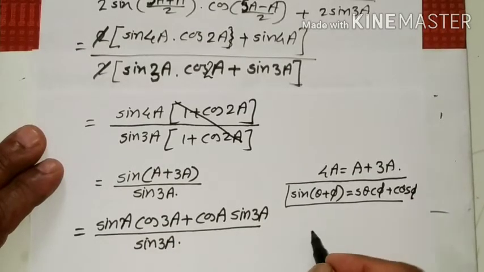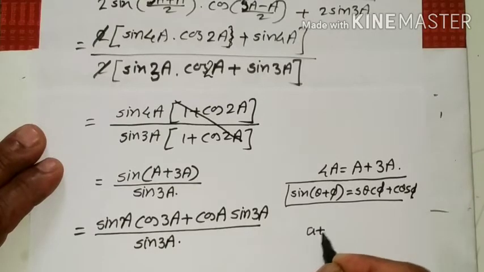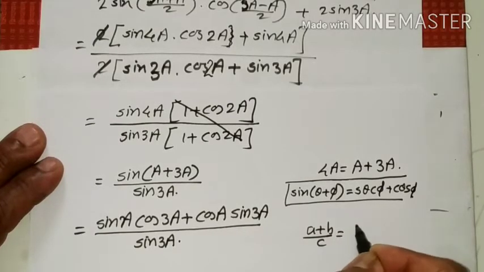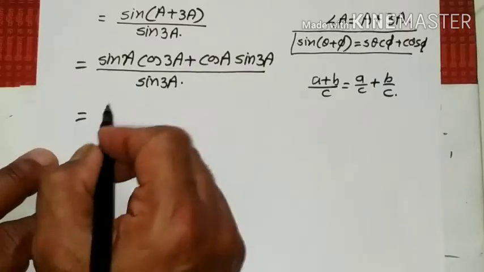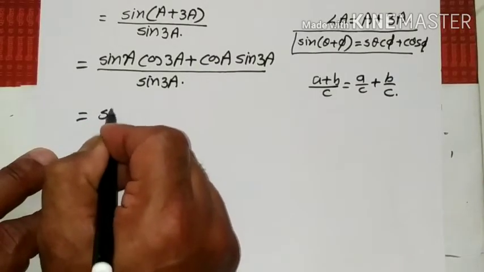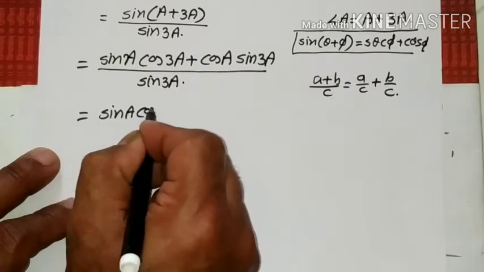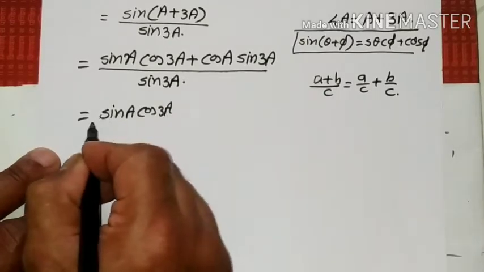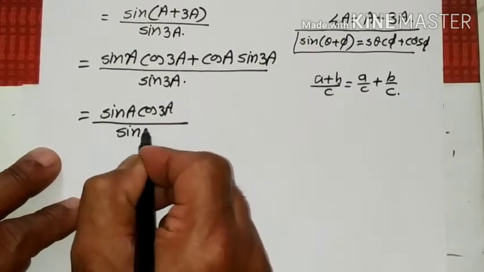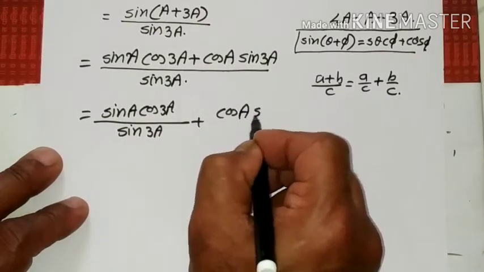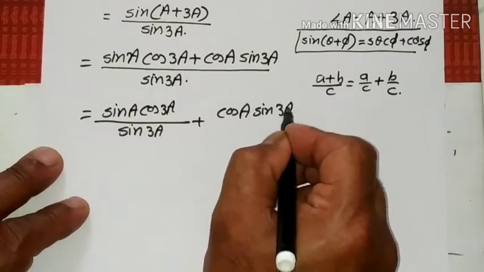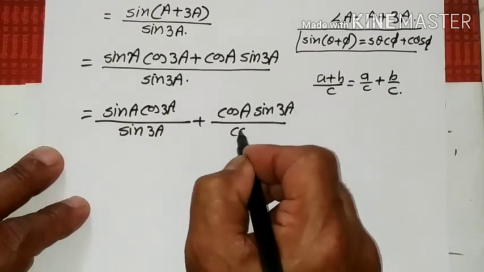Then using the basic formula (a plus b) upon c is equal to a upon c plus b upon c: sin a cos 3a divided by sin 3a plus cos a sin 3a divided by sin 3a.